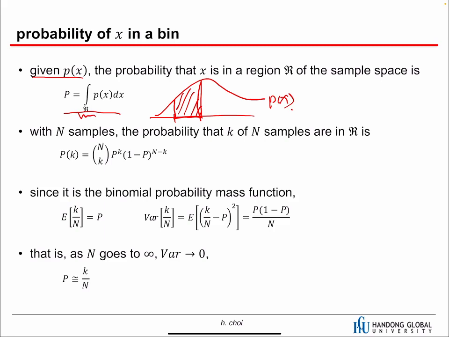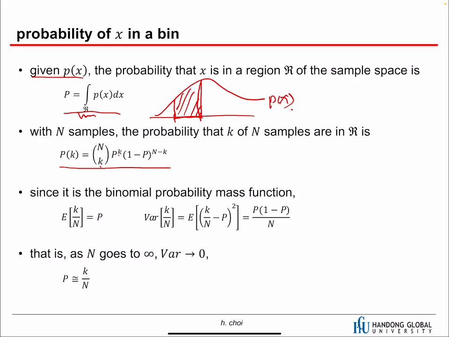Okay, and then with n samples, the probability that k of n samples are in the region R is this. So n combination k times p to the power of k times 1 minus p to the power of n minus k. Because out of n samples, we have k samples in the region.